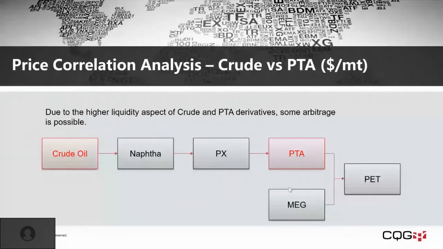So crude oil and PTA, even though they're not really obviously next to each other in the chain of transformation, we know that there is an obvious correlation because of the whole process.